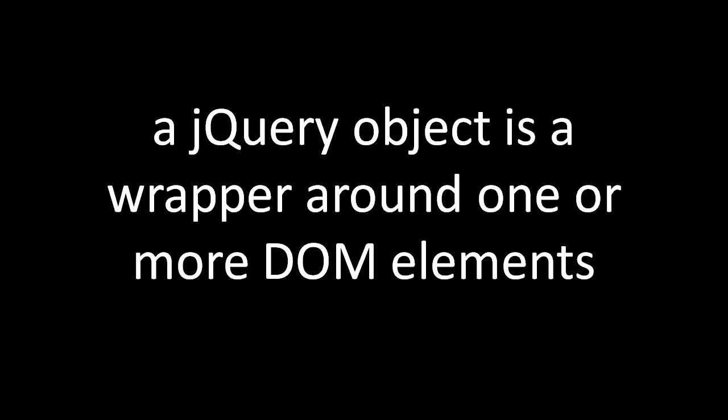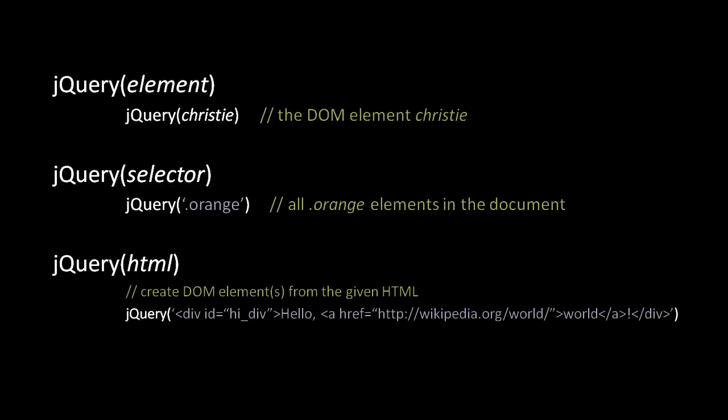Now, the jQuery constructor function, like a lot of other methods in jQuery, is pretty heavily overloaded. That is, you can call it with different types of arguments and different numbers of arguments to get different behavior. So here are what are probably the most commonly used overloads of the jQuery constructor function.